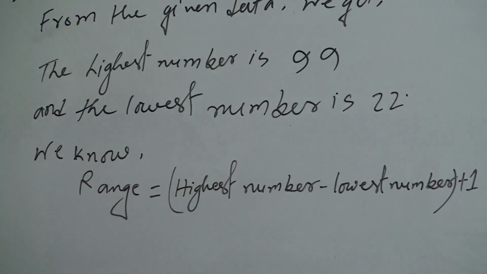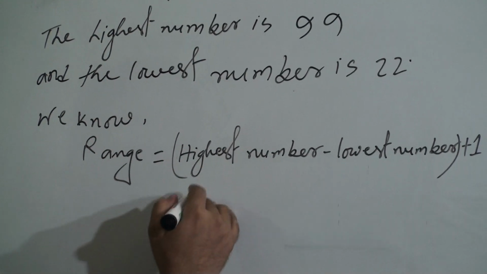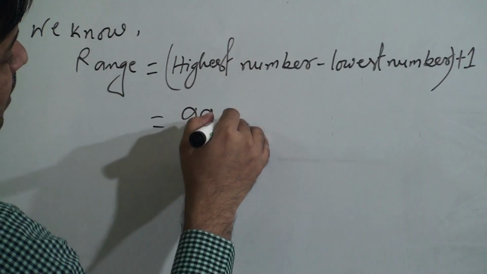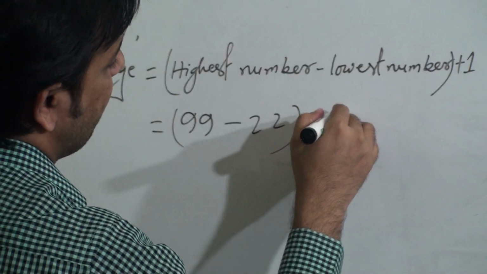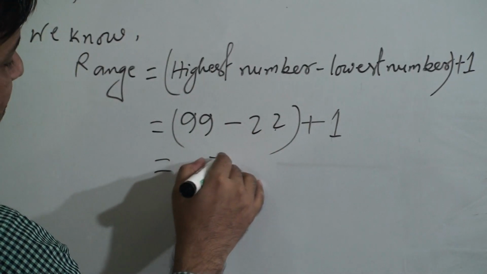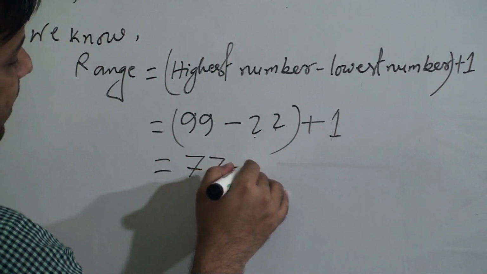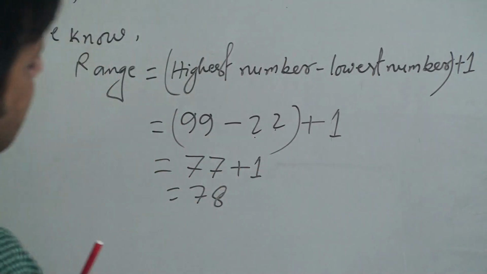This is the formula for determining the range. So we can put the value, highest number is 99 here, minus lowest number is 22. If we subtract, then add 1, we will get the range. So subtract 2 from 9, it will be 7, 2 from 9, it will be 7, then add 1, it will be 78 now. So 78 is the range.